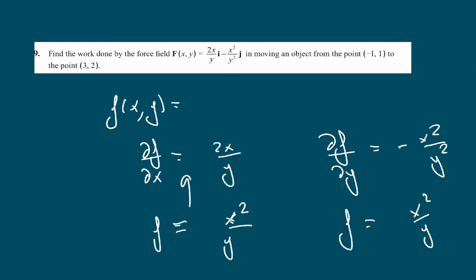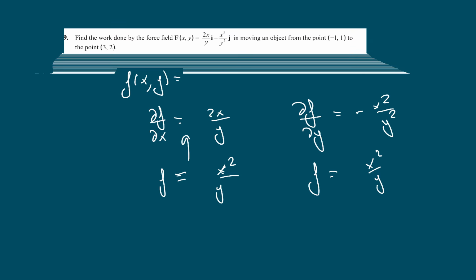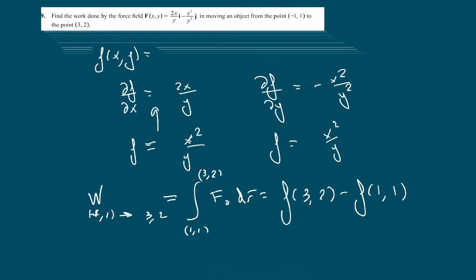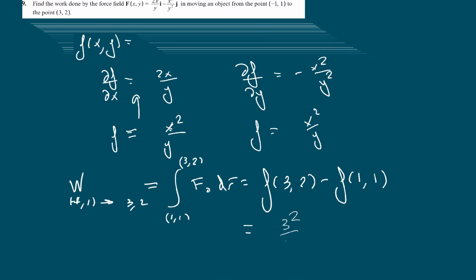So I need to compute the work done by this force going from the point 1,1 to the point 3,2, the integral of f dot dr. Usually you put the initial point and the final point as limits. So it is f of 3,2 minus f of 1,1. f of 3,2 is 3 squared divided by 2, minus f of 1,1, which is 1 squared divided by 1.